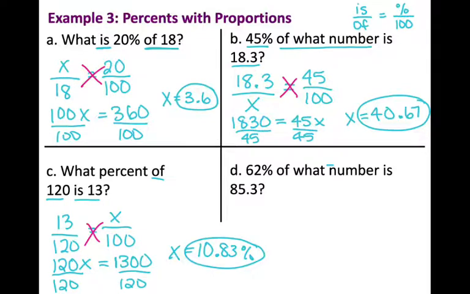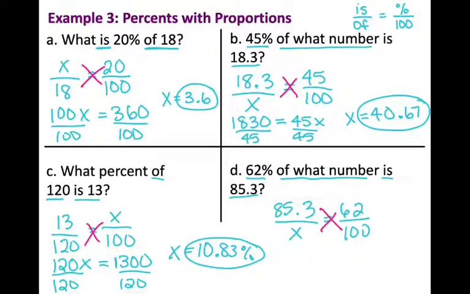And letter D, 62% of what number is 85.3? So I have my percent. I don't know the of, but I do know the is. So 85.3 over x equals 62 over 100. We can cross multiply.